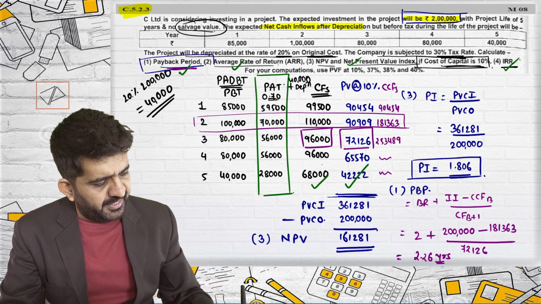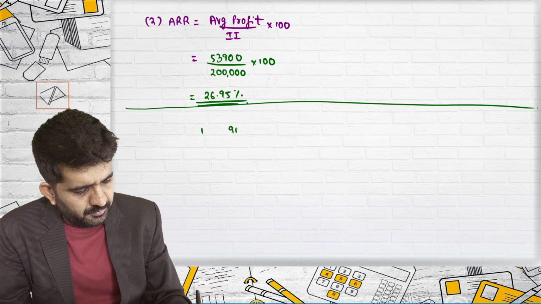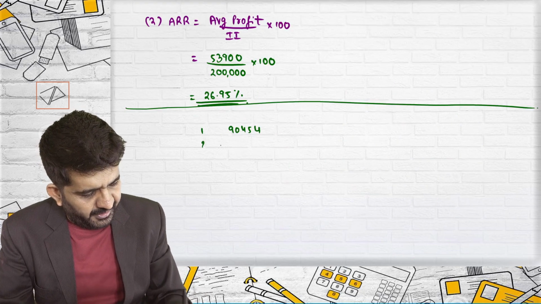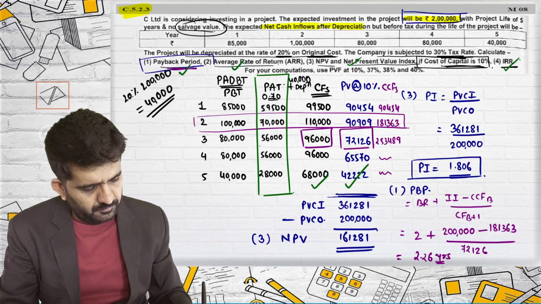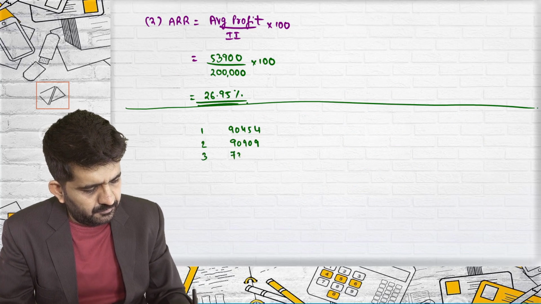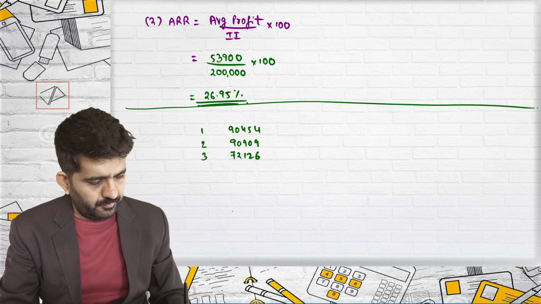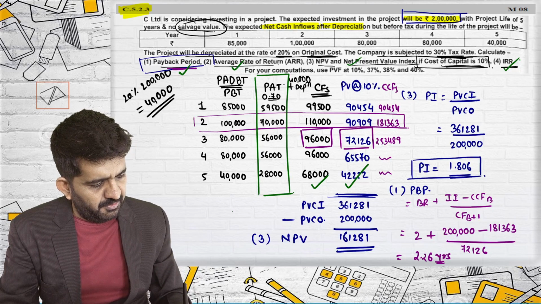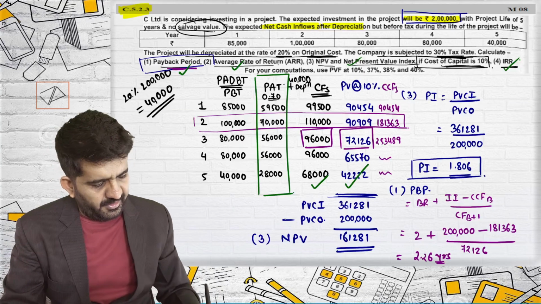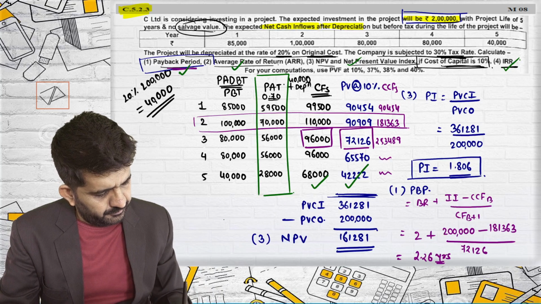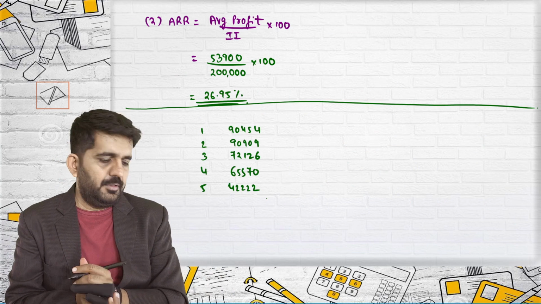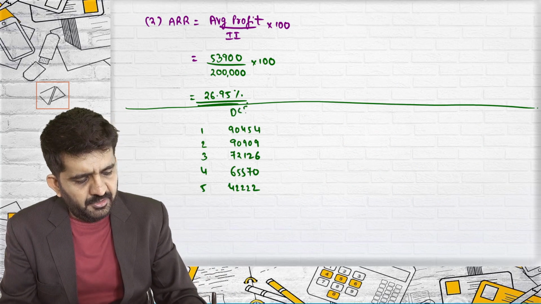Discounted cash flows are 9454, 9909, 72126, 65570, and fifth year is 4. These are my discounted cash flows.